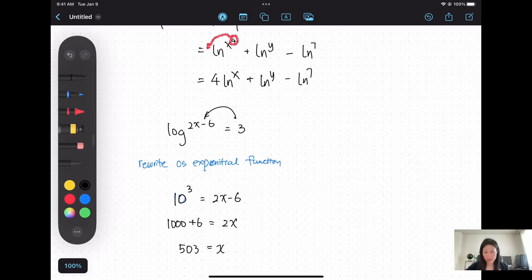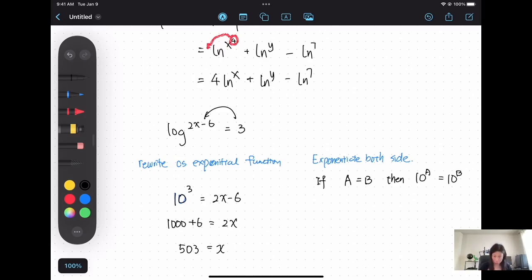Another one is to exponentiate both sides. What does that mean? Let me write this down: exponentiate both sides. Think about that. If a equals b, then 10 to the a equals 10 to the b power, right?